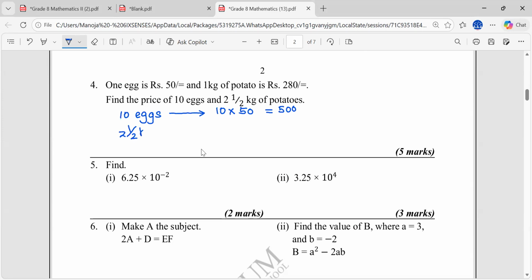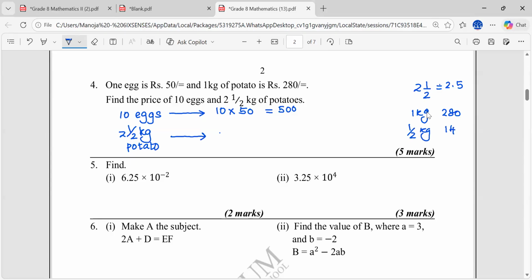2.5 kilograms of potato, right? How do you get that? 1 kilo is 280, right? And half a kilo is what, children?